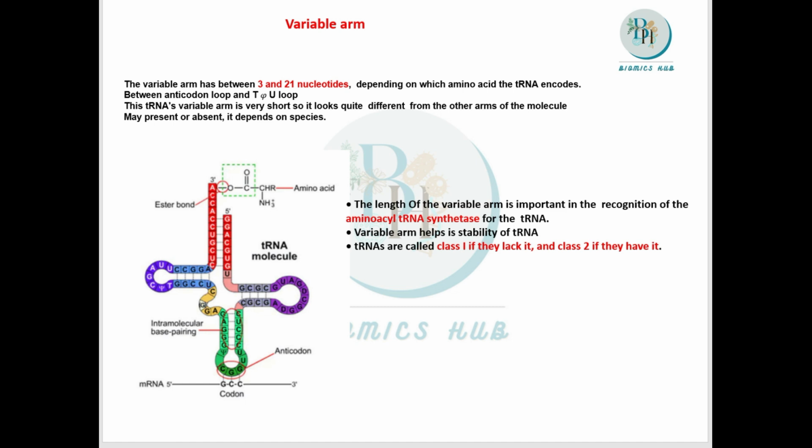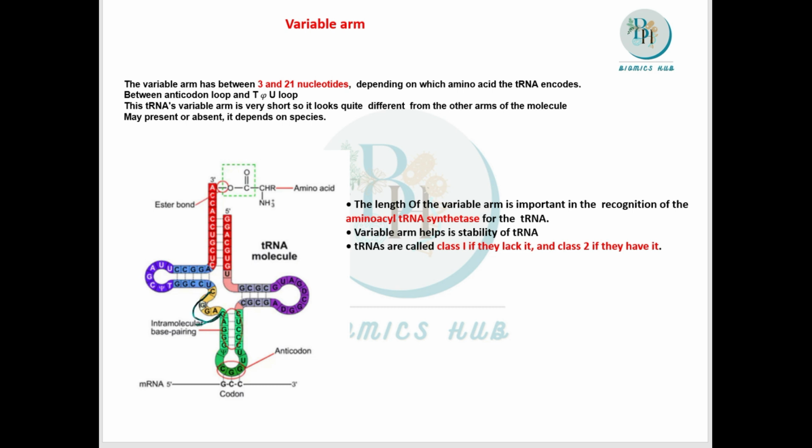Now the other thing which is present is the variable arm. Due to the presence or absence of the variable arm, tRNA can be differentiated into class 1 tRNA or class 2 tRNA. Here we can see there is an outgrowth-like structure.